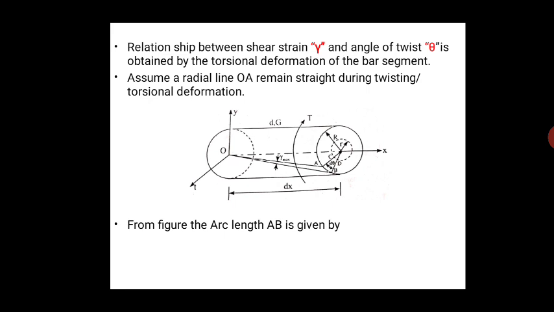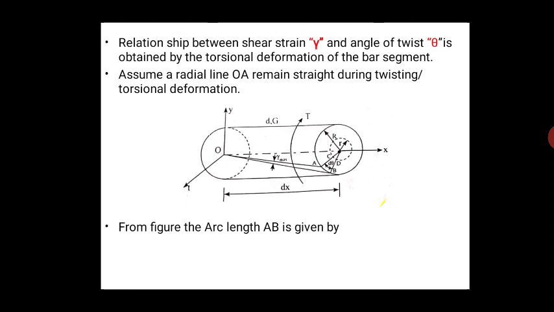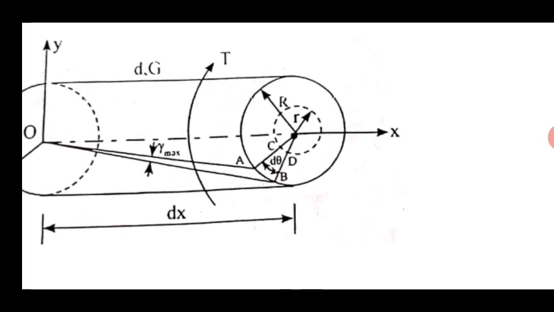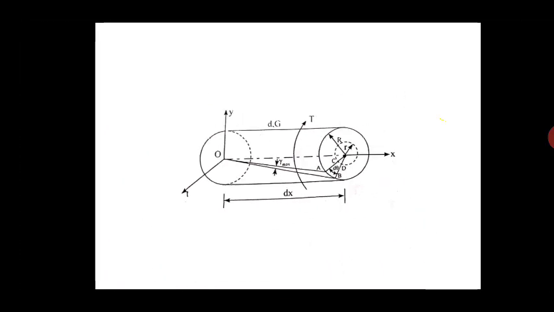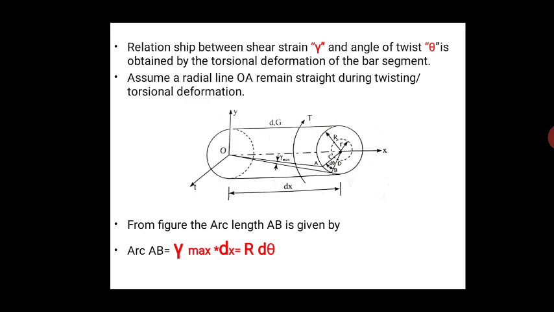Let us assume the arc length AB is given by AB is equal to gamma max into dx, where gamma max is the maximum shear strain, into dx, that is equal to R into d theta, where capital R is the radius of the shaft, and theta is a small angular deformation.